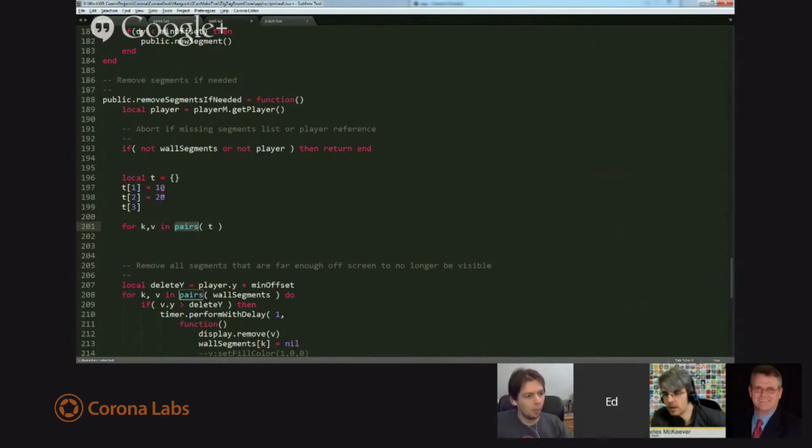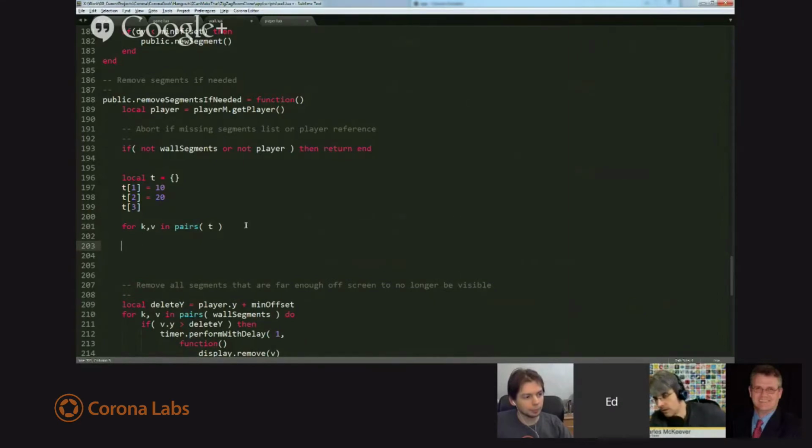Okay, so a non-sequential order. It's not the same as if I had done this. That would give me an iterator that would go from 1 to 2 to 3. Whereas pairs could start at 2 and go to 1, and then the next one could be 3. It's random in a sense.